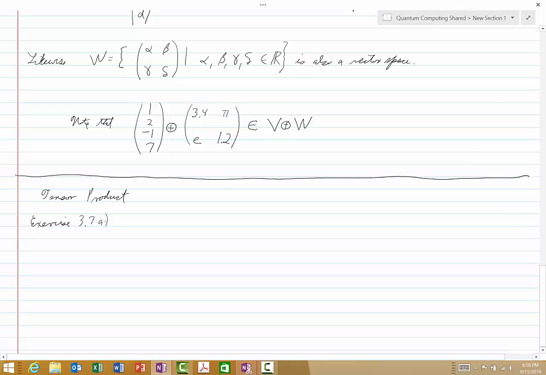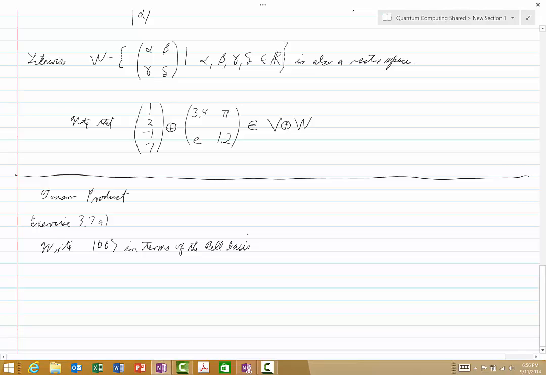We'll start with A. And in this problem, what we're supposed to do is to write |00> in terms of the Bell basis.